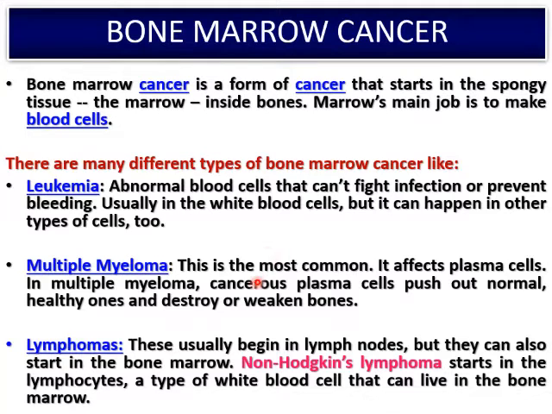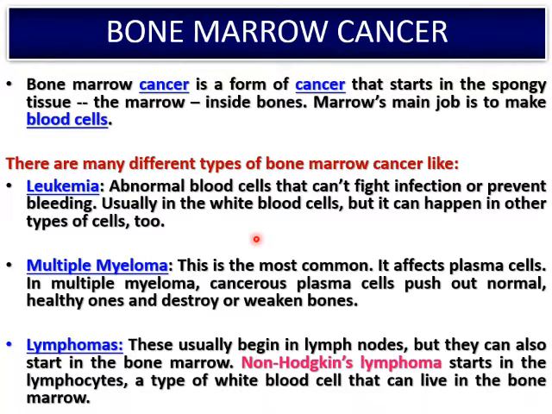Multiple myeloma is the second bone marrow cancer, and it arises from the plasma cell. Lymphoma usually begins in the lymph node, but can also arise in the bone marrow. Lymphoma means malignant proliferation of lymphocytes, so it does not affect the lymph node only.